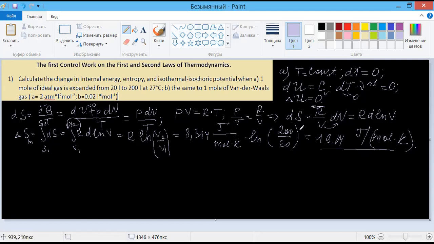Now they also want us to calculate the change in Helmholtz energy. So we remember that delta F equals delta U minus T times delta S. Okay, but delta U equals 0.